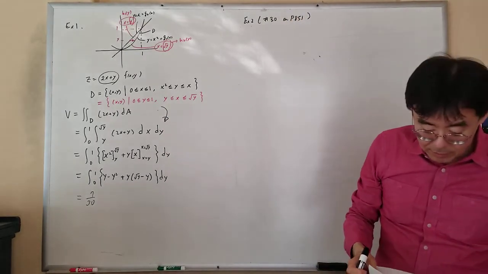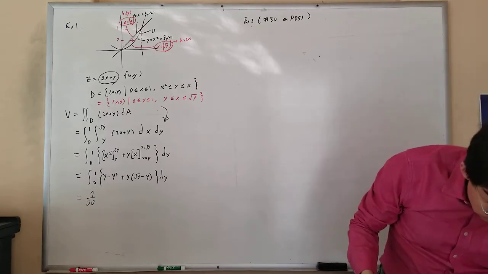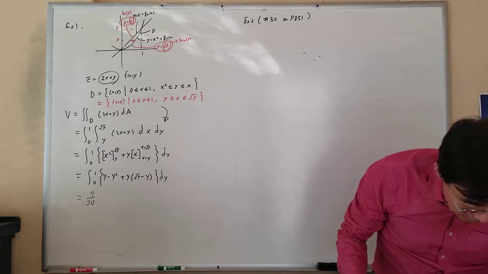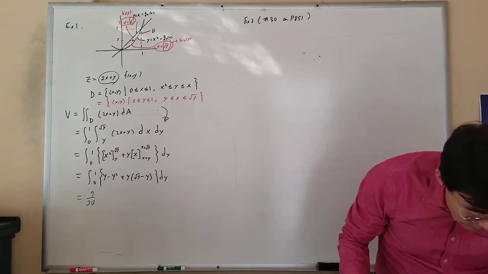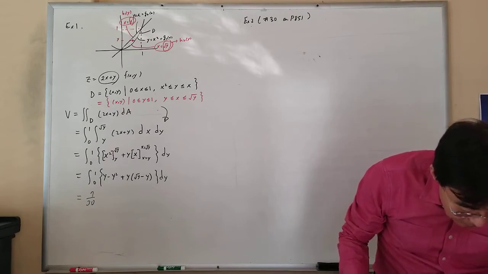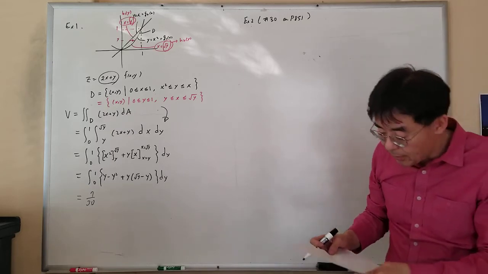Hint only. Number 30: bounded by the cylinder y squared plus z squared equals 4, and the plane y equals x.